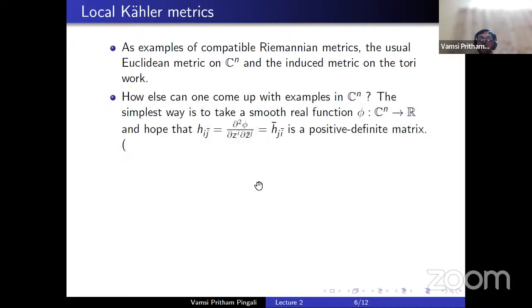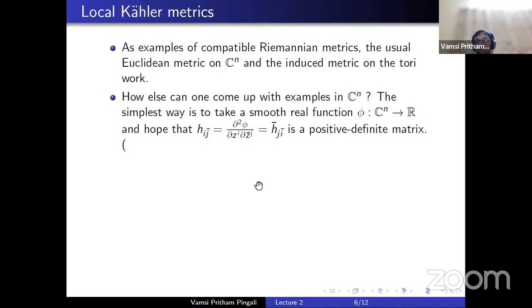Kähler came up with this construction. What he did was, he took a smooth real function from C^n to R, a real valued smooth function, and took the complex Hessian ∂²φ/∂z_i∂z̄_j. So this gives you a Hermitian matrix, right?